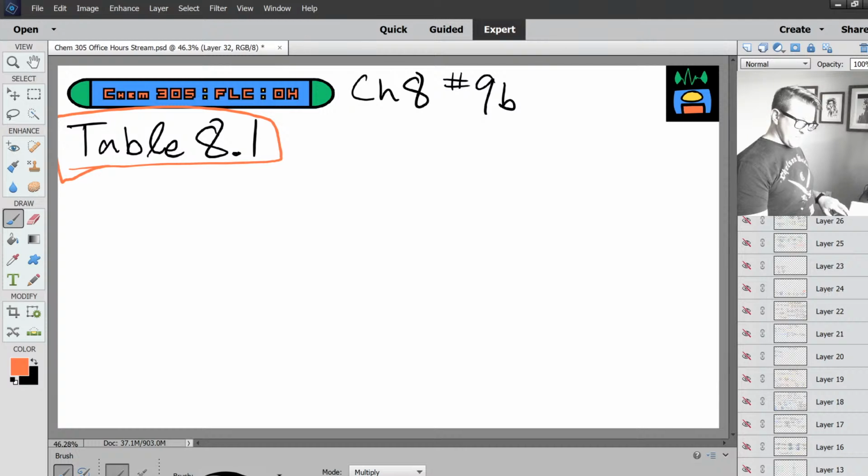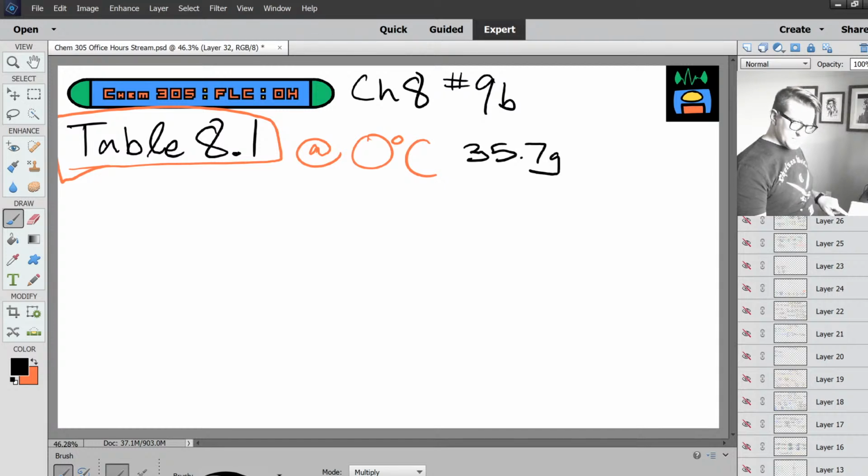So at 0 degrees Celsius, you can fit 35.7 grams of NaCl in 100 grams of water.